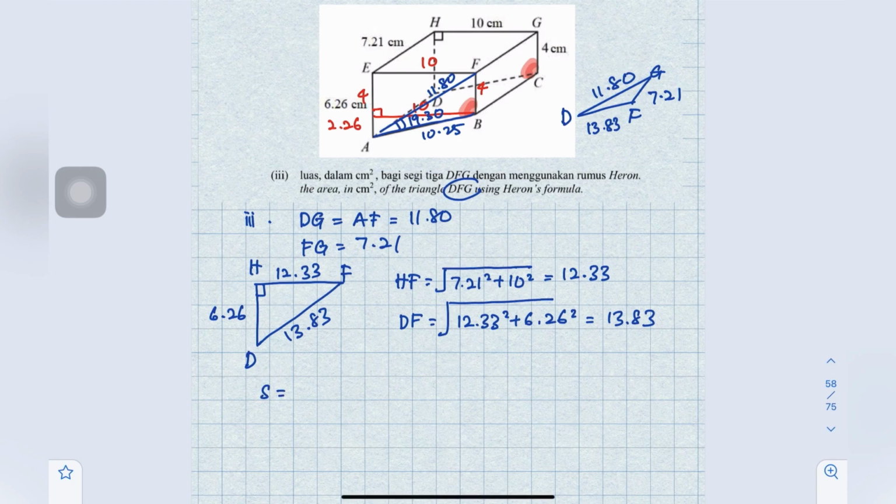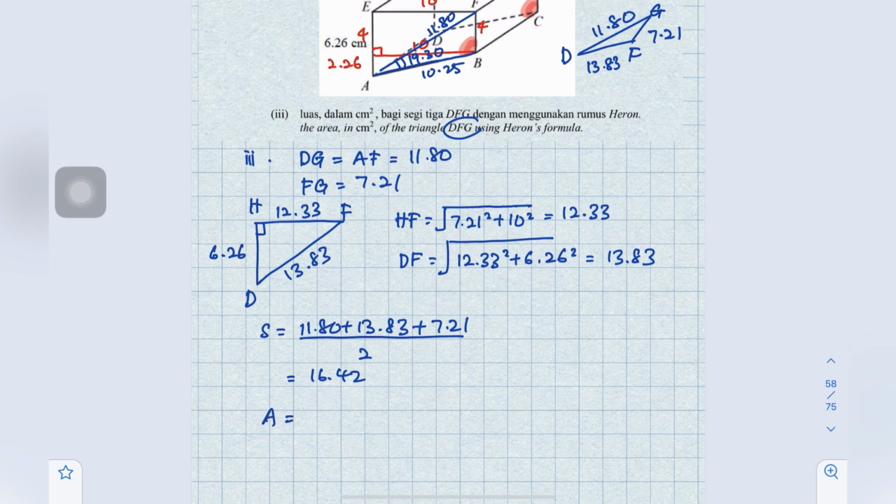S is addition all sides. Okay, so 11.80 plus 13.83 plus 7.21, divided by 2, which is equals to 16.42. Okay, so nak cari area.